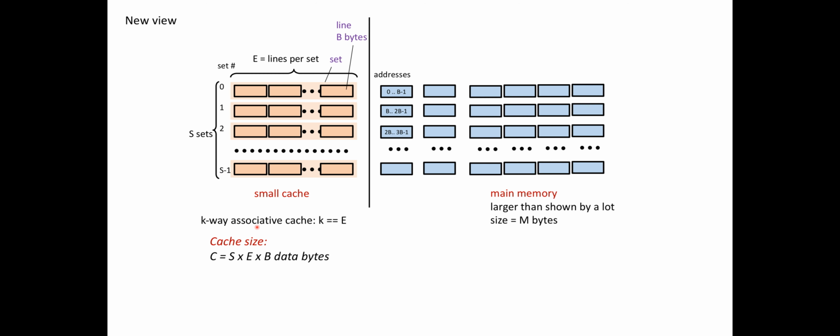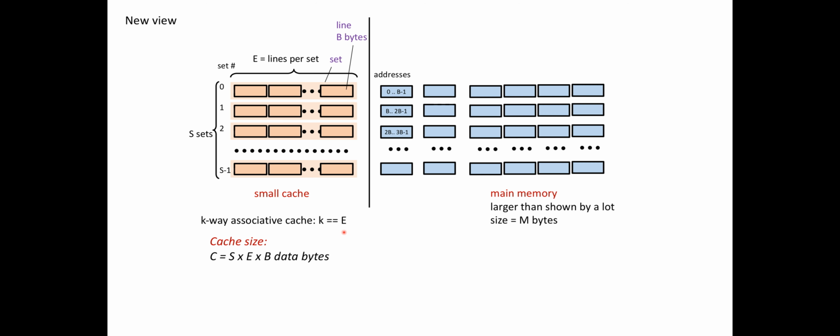Now, one thing that's interesting is if you go and try to look some things up on the web about this, you might see the term K-way associative cache instead of, your book uses E-way, and E is the number of lines per set. So if you go and look, you may even hear me say K-way once in a while because that's the term that I'm a little bit more familiar with using.